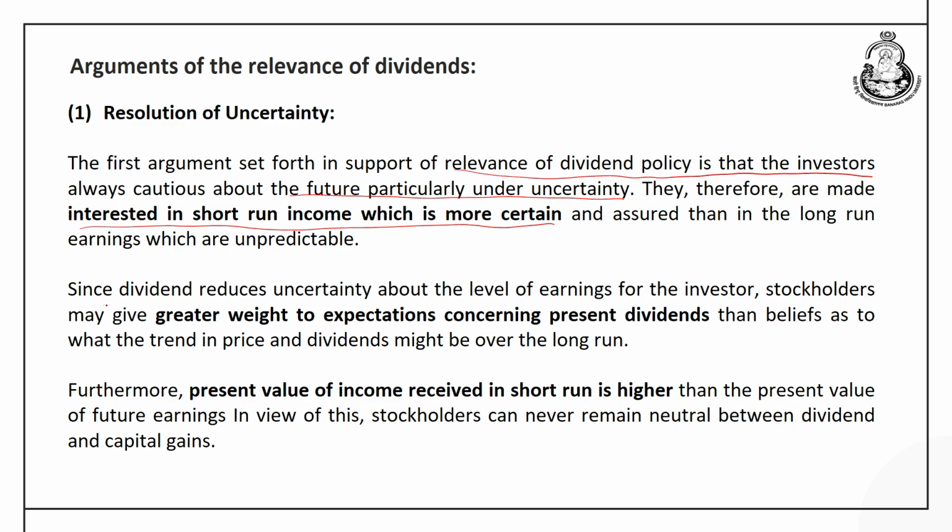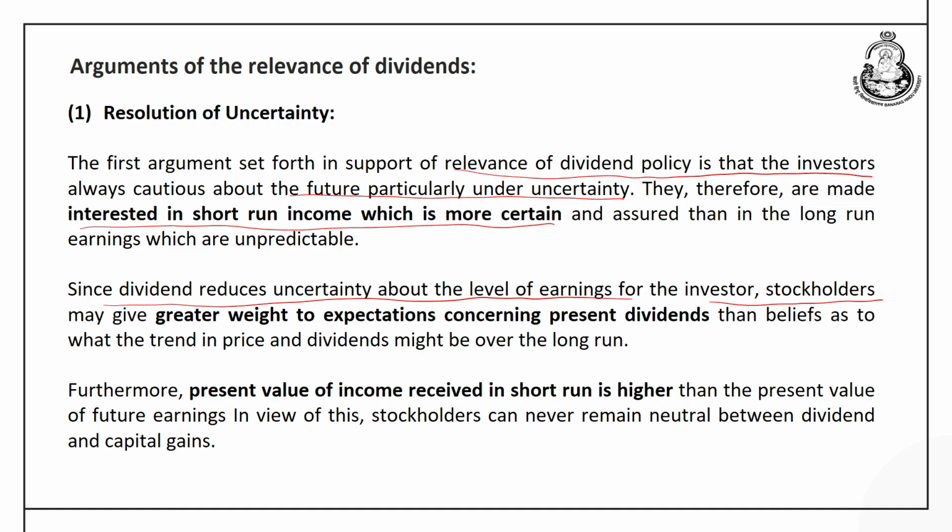Now, since dividend reduces uncertainty about the level of earning for the investors, a stockholder would give greater preference to expectations concerning present dividend than belief as to what would be the trend in price and dividends over the long run.